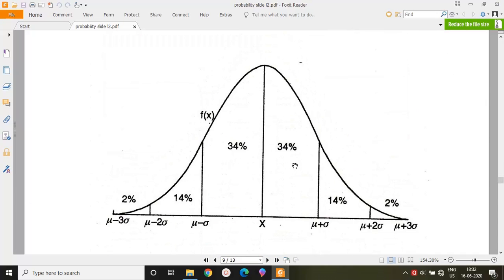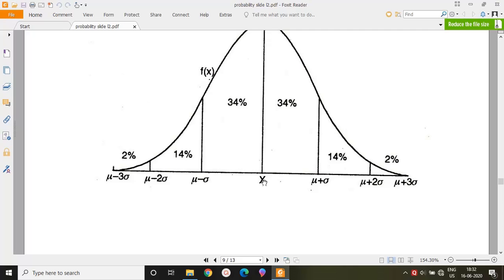Let us see how much of the data, or probability, is occupied between different intervals in this Gaussian distribution curve. You will see that between mu minus sigma and mu plus sigma, you have 68% data, 34 plus 34.